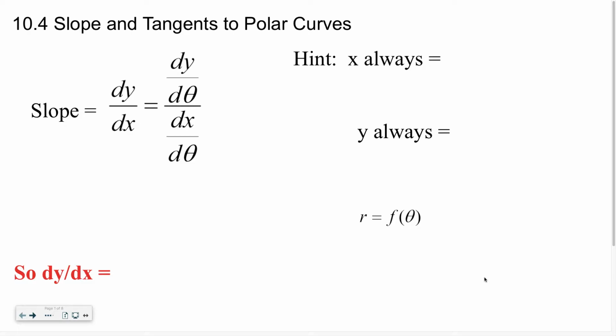Now, in polar form, how do we write x? R sine theta. That's all I got.